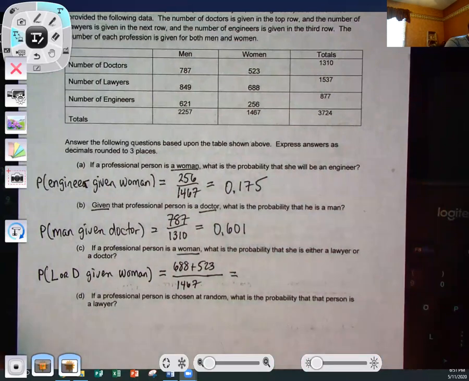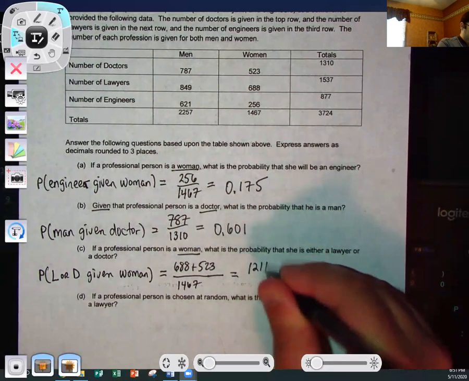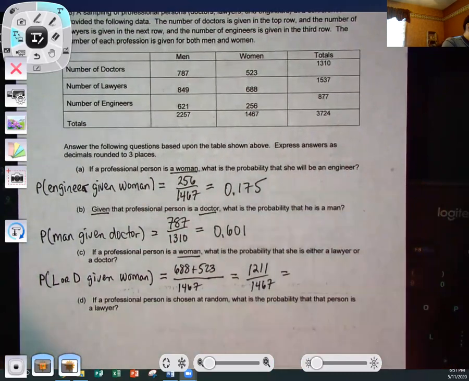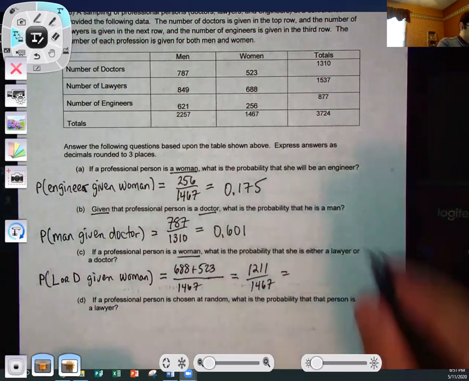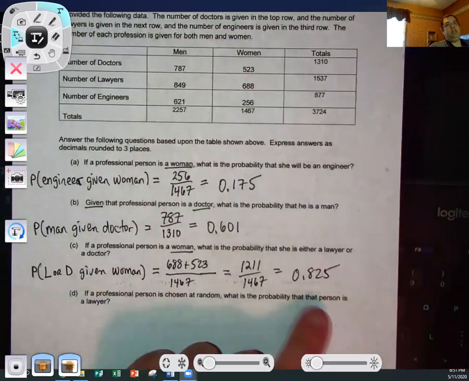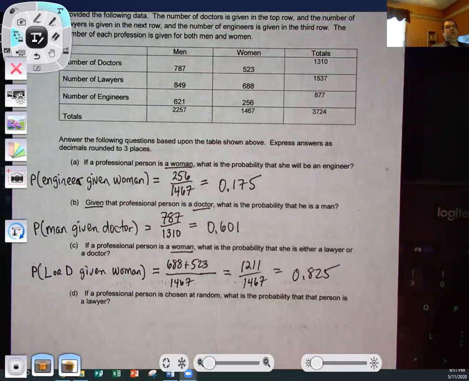So 688 plus 523 is 1,211, divided by 1,467, which gets us a probability of 0.825. So therefore, there's an 82.5% chance of selecting a lawyer or a doctor given that they are a woman.